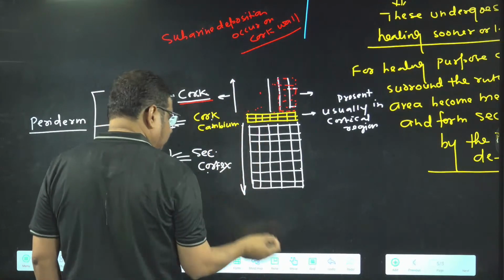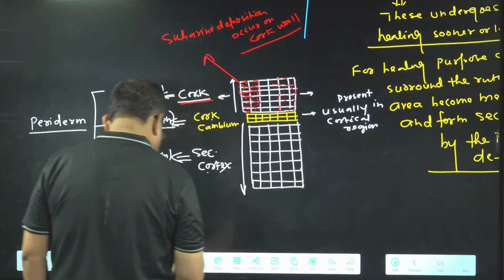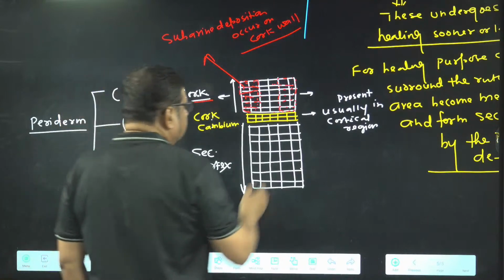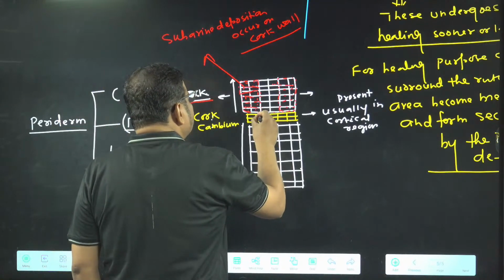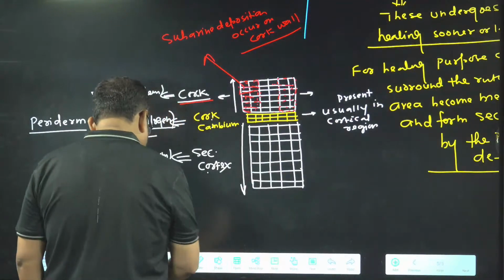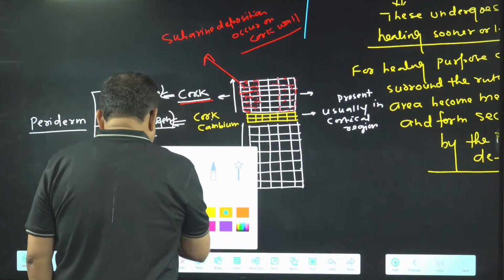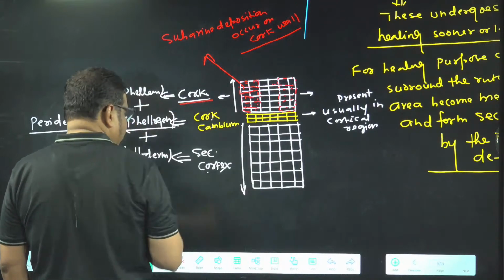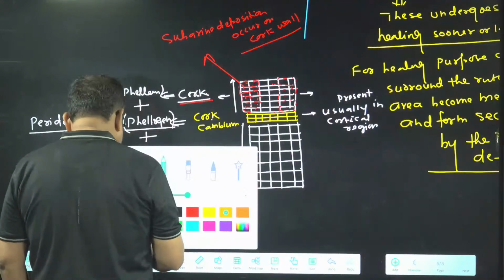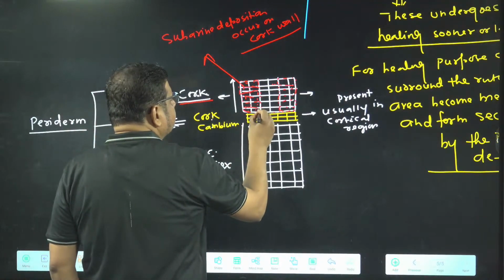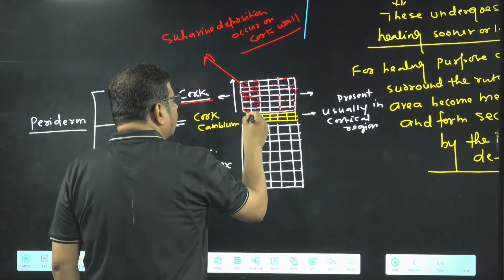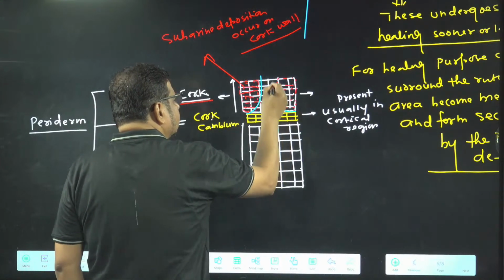These parts are going to be removed. This marker is not able to delete in a particular fashion, so I am just drawing a diagram to explain to you. So what gets removed? The cork region gets removed. These cork regions get removed.